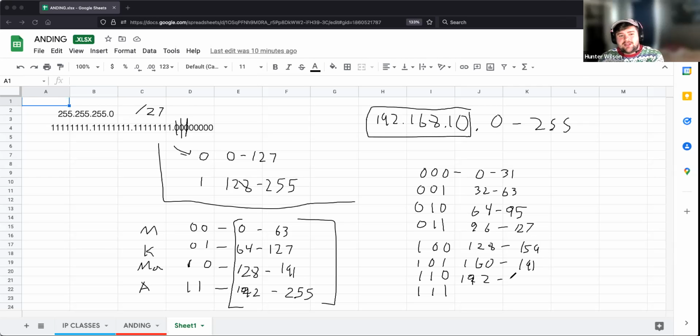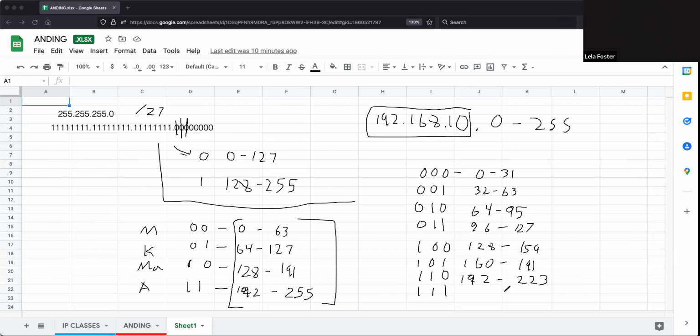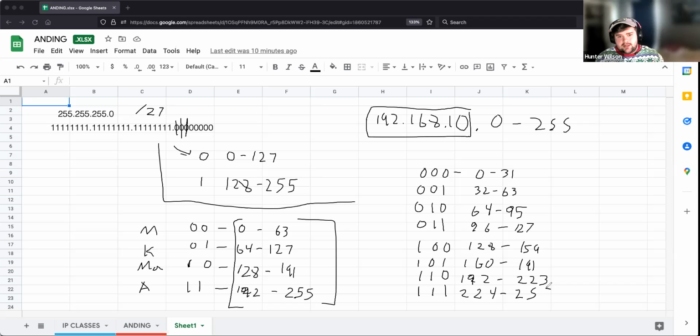If you split 127 in half, now you're down to 63. The next time, instead of splitting the network into 4 sub networks, you would have 8, and that 63 is now 31. Each time we go down, you're doubling the amount of networks and splitting them in half.